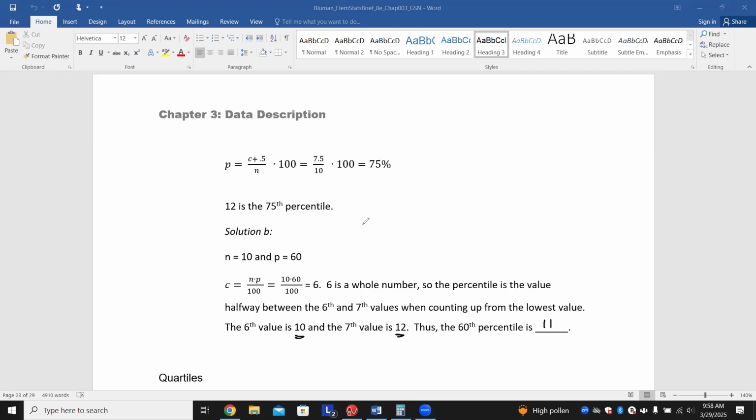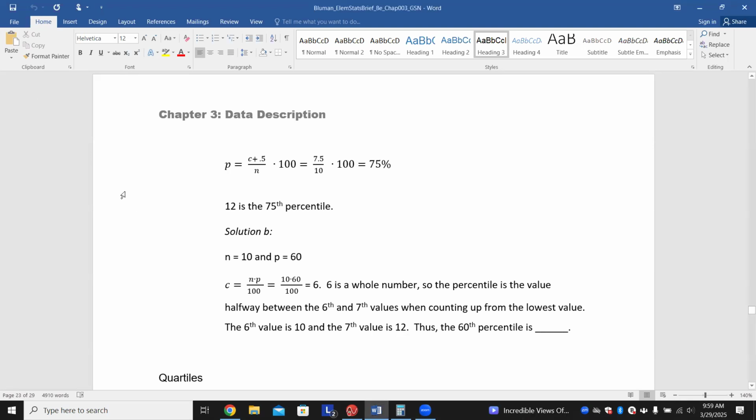So when you end up with a whole number, you go from that number to the next number and find the number in between. But if you end up with a c that is a decimal, by rounding to the next whole number, you've already taken care of that. All right, so that is how to find the percentile, and then figuring out what number is in the percentile.